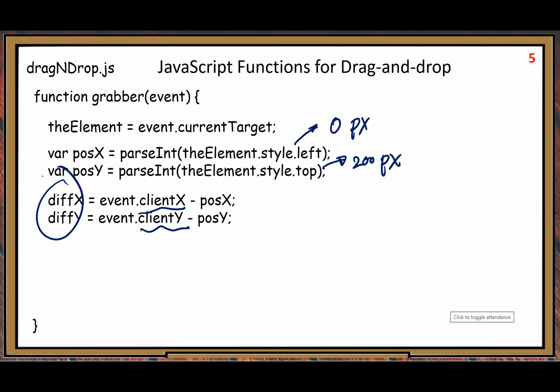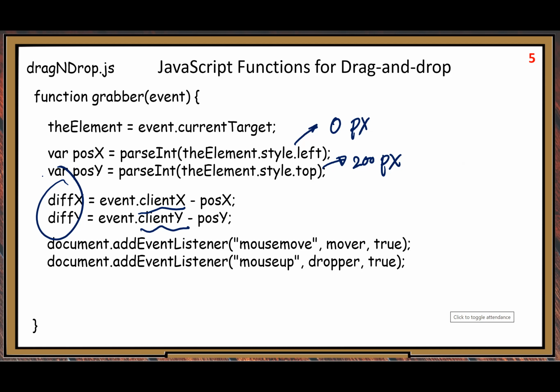Then next two lines. Before we update, we need to register an event listener. Add event listener. Because next time when the mouse moves, when you drag, the mouse move, then you need to update the location to move the component along with your mouse cursor, right?